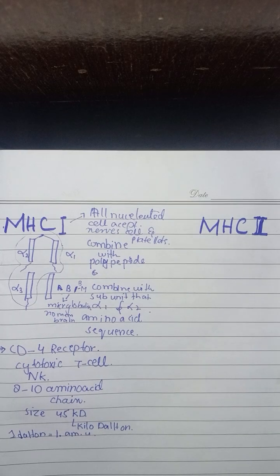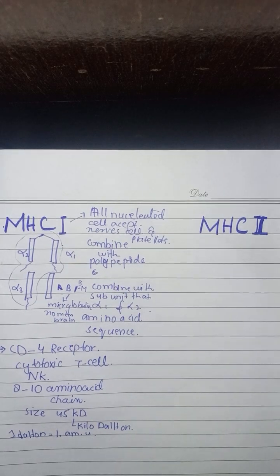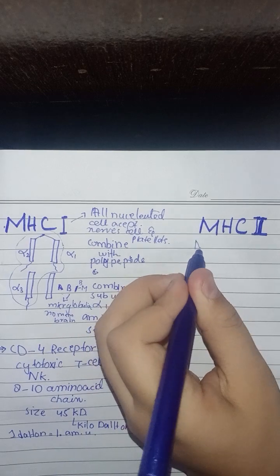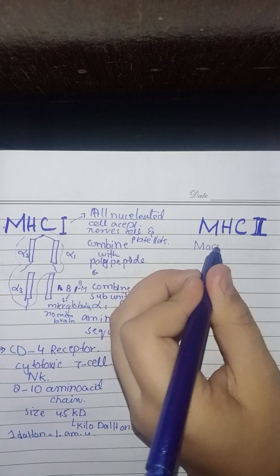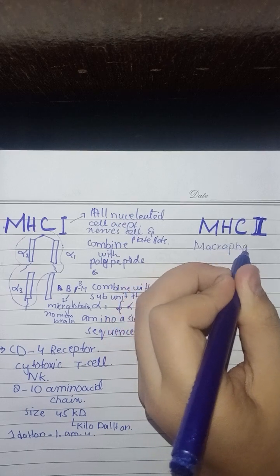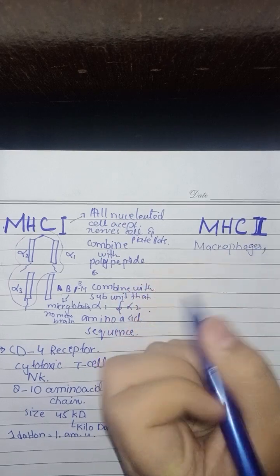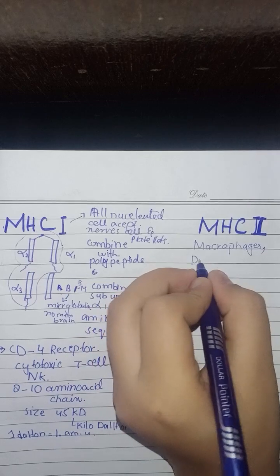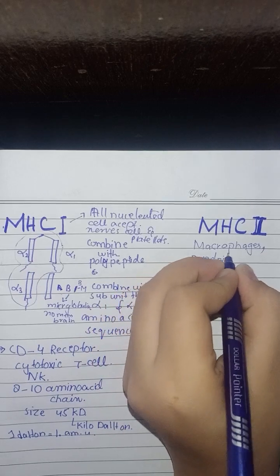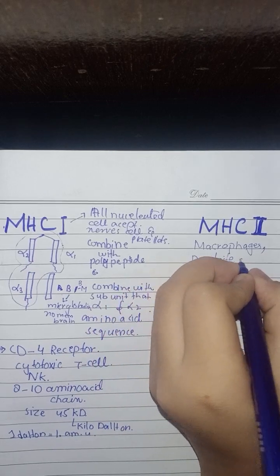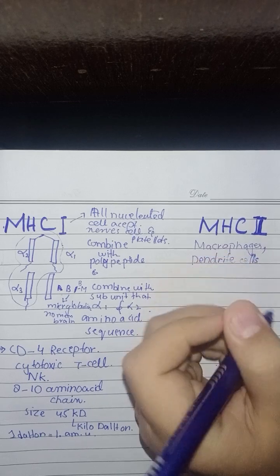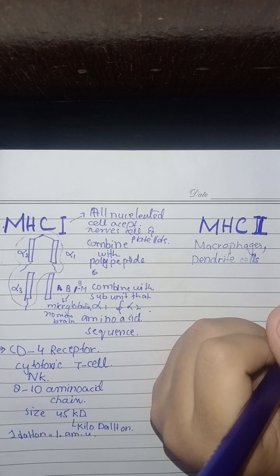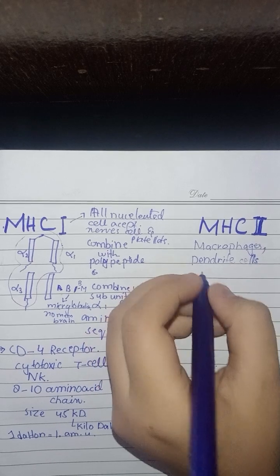Now moving towards MHC2. Here you can see the cells that are present. Those are macrophages, and dendritic cells, and one more, B cells.